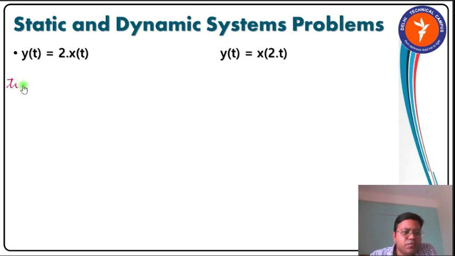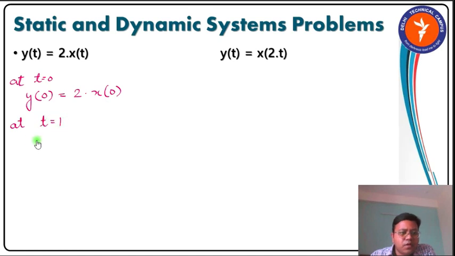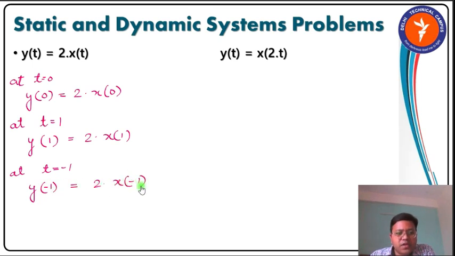Say at t = 0, this gives y(0) = 2x(0). Similarly, at t = 1, we have y(1) = 2x(1), and at t = -1, we have y(-1) = 2x(-1).